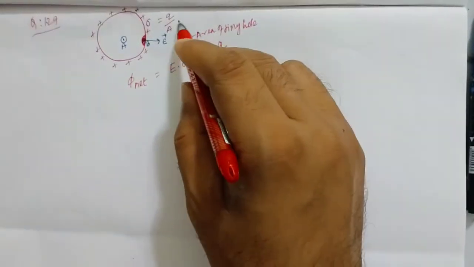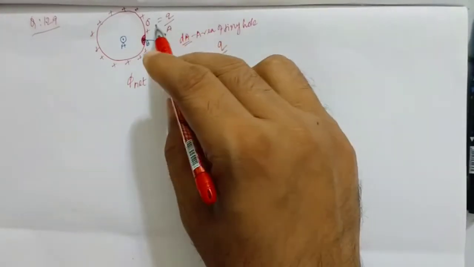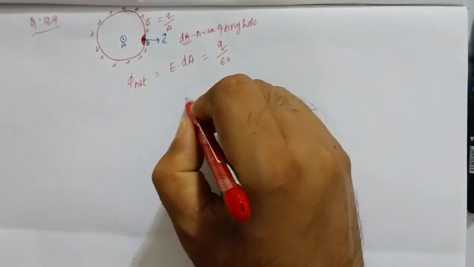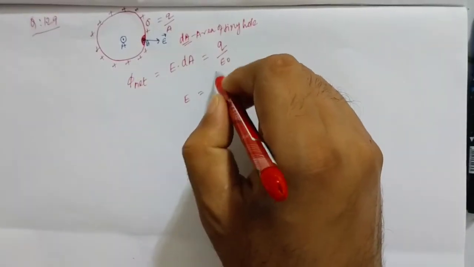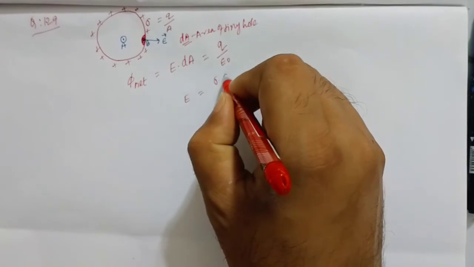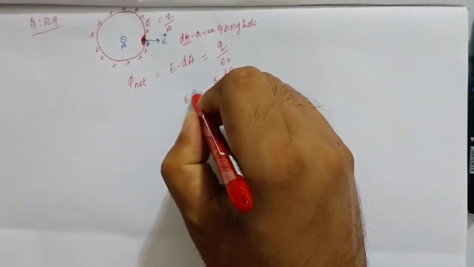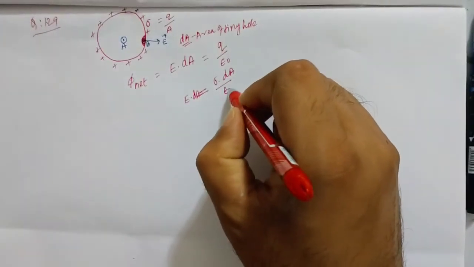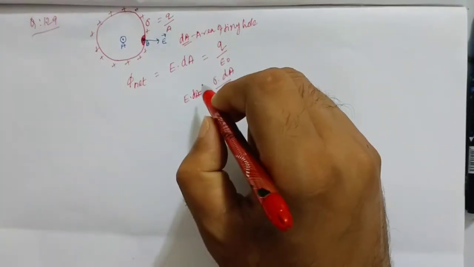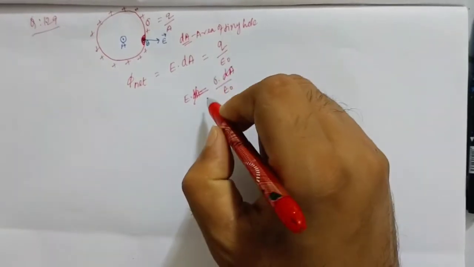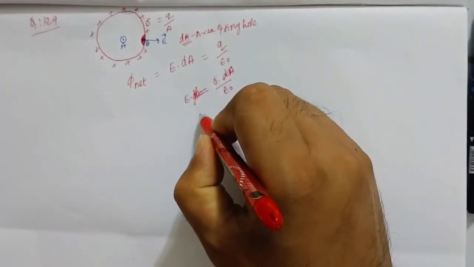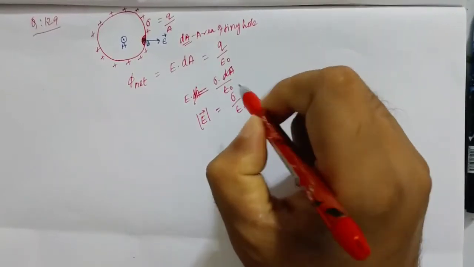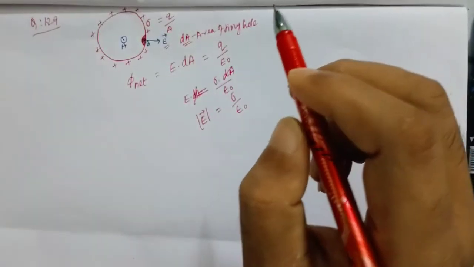And Q here is nothing but the small area charge, so we'll say E equal to sigma into this small area dA over epsilon naught. This small area cancels out on both sides, so the electrical field, the mod value, is sigma by epsilon naught overall.